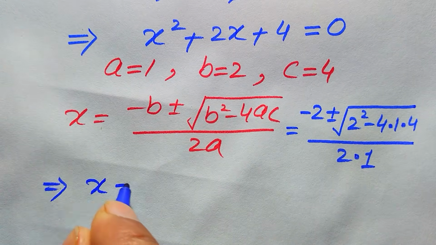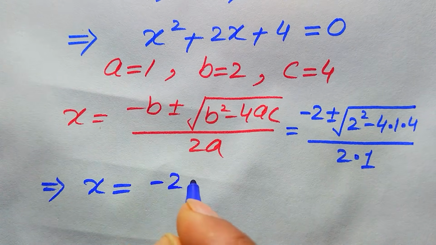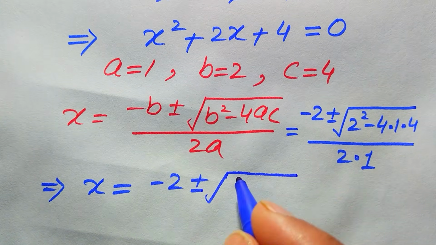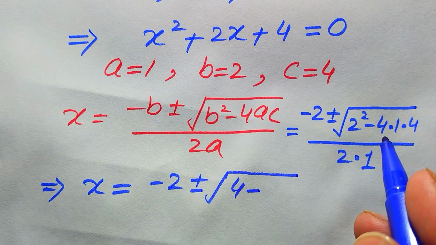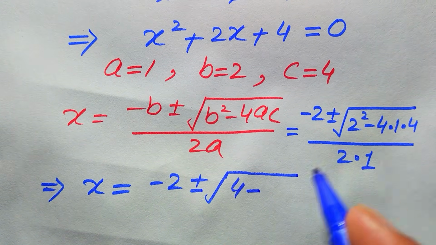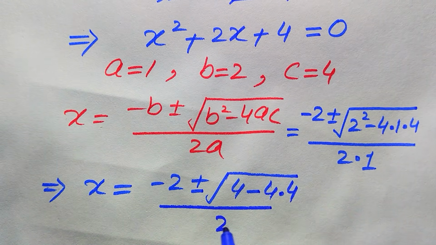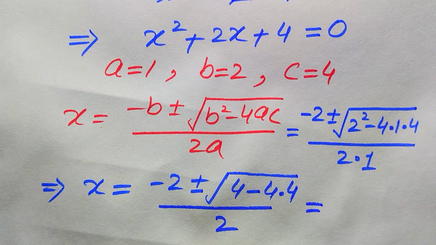And now in the next step we have x is equal to minus 2 plus minus square root of 2 square becomes 4 minus 4 times 4, and divided by 2 times 1 equals 2.